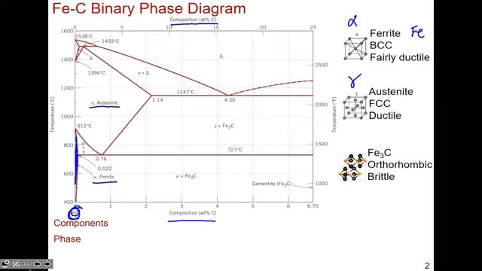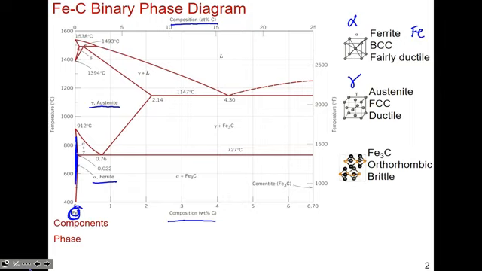Same name. Its crystal structure is FCC, so it's packed differently, and thus it has different properties. You'll see a demo in this upcoming week where you'll see ferrite being magnetic and then austenite being non-magnetic. So it has consequences in terms of the magnetic properties.